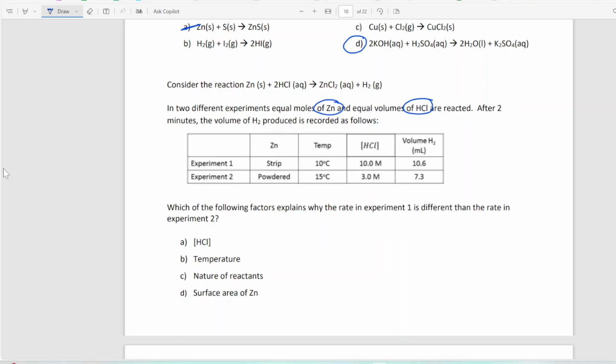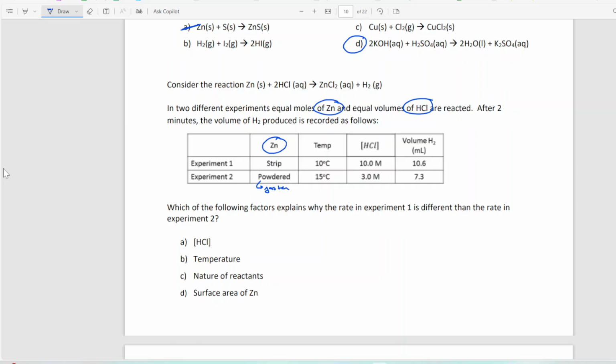After 2 minutes, the volume of hydrogen produced was recorded. So in here we have zinc, right, was one of my reactants. It was either strips or powdered. Which of these two do you expect to be faster?